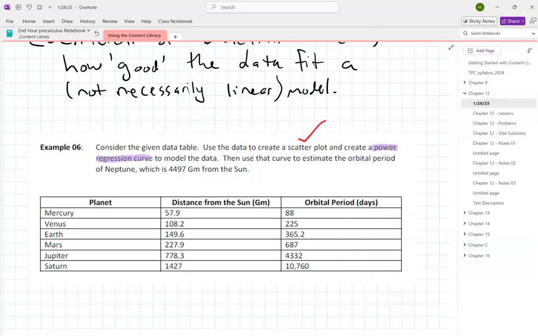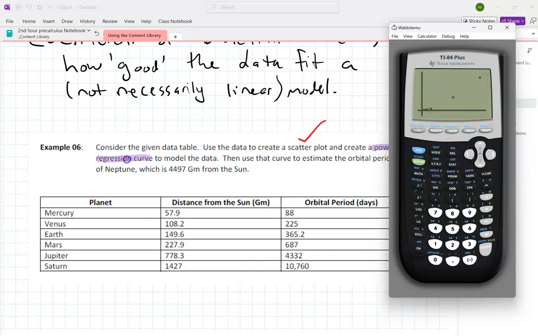Now it wants a power regression curve. So I'm going to exit out of here and press the stat button. But this time I'm going to go to the calc tab and scroll down amongst all of my different regressions. I'm going to look for power regression, PwrReg.